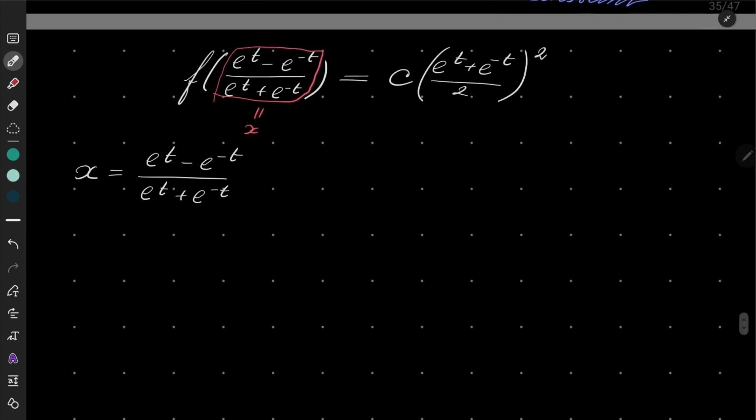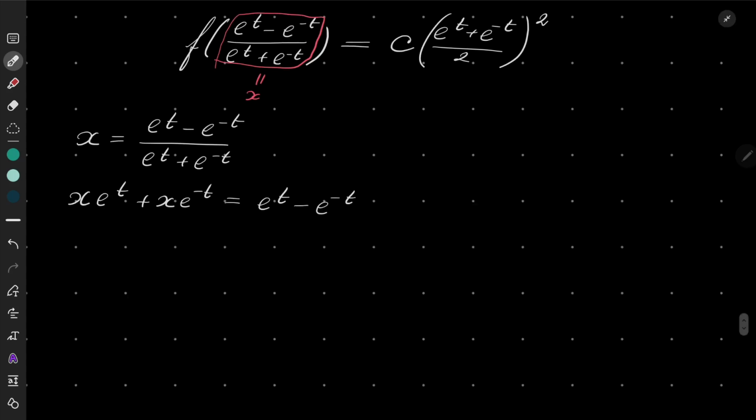And now I will treat it as an equation and I will solve for t. x times e to the power of t plus x times e to the power of minus t equals e to the power of t minus e to the power of minus t. And now I will multiply both sides by e to the power of t, and I have x e to the power of 2t plus x minus e to the power of 2t plus 1 equals 0.